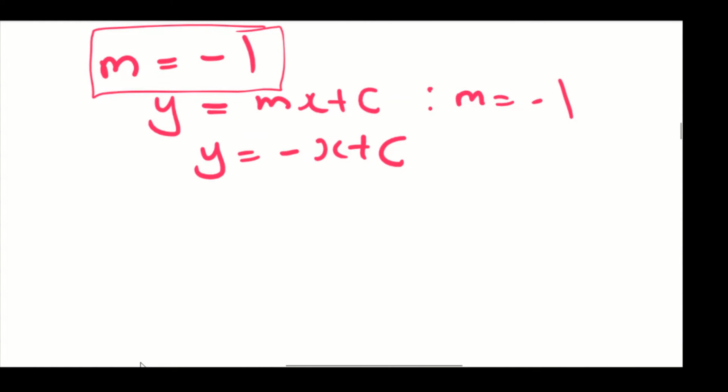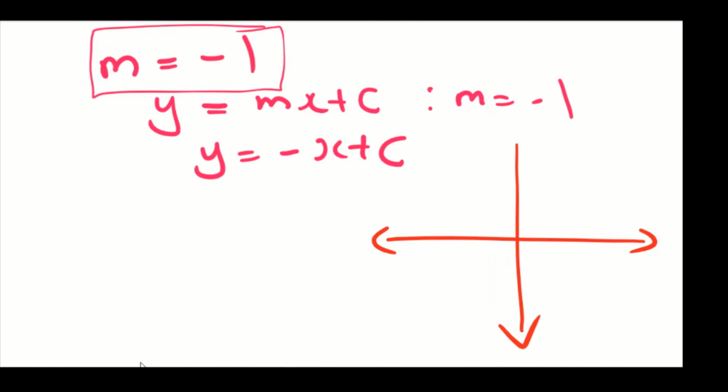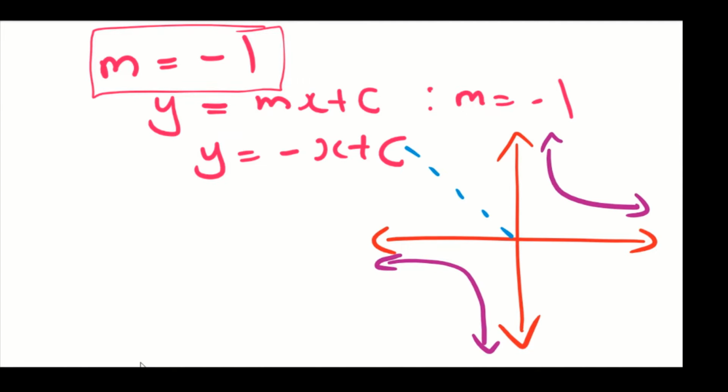Let's say for an example you have your Cartesian plane like this, and you have your graph, your hyperbola, and this is your hyperbola. So your axis of symmetry passes through here. Because it's going down, it's going to be a negative axis of symmetry because it's dividing the graph into two equal parts. So the gradient for this would be equal to negative 1.